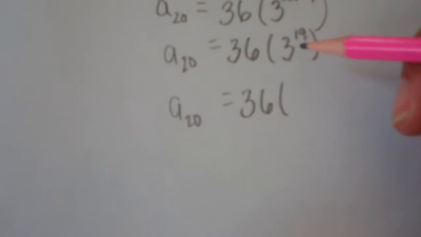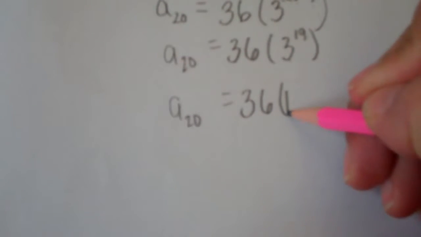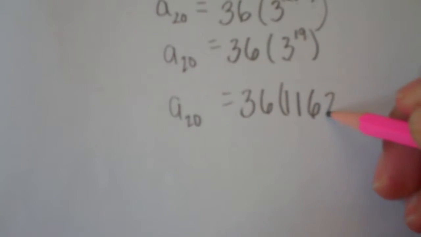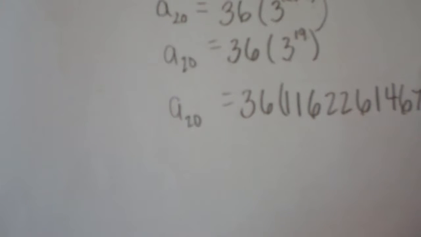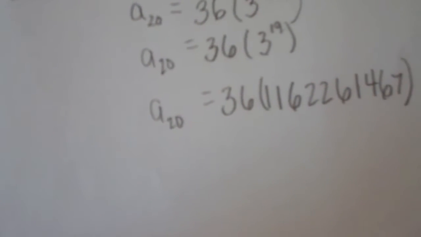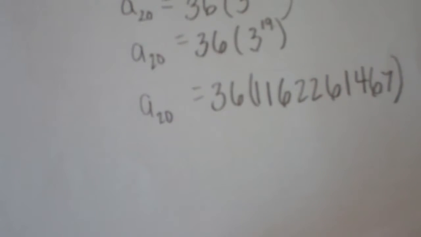So when I push the exponent button, 3 with the little caret, that's our exponent button, I'm going to get 116226146. And I'm wondering, on your calculator, it would give you that, and it doesn't give it to you in scientific notation, so you should be okay.